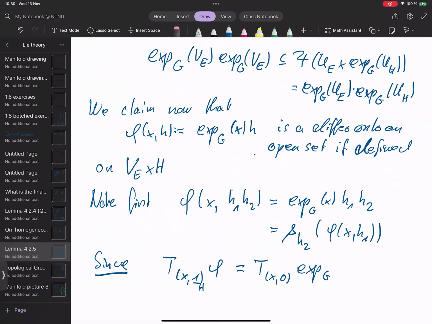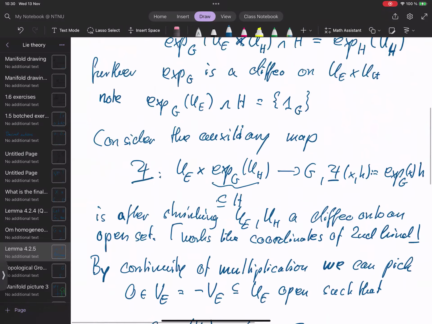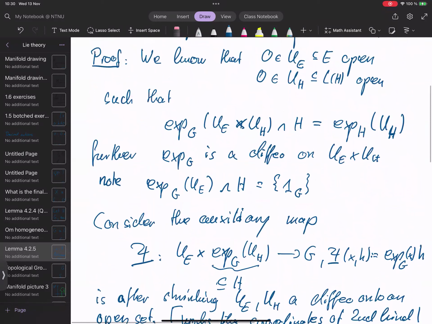But now let's recap a little bit. So the x comes from the open set VE. The open set VE is contained in UE, and we have basically constructed the UE in such a way that exp_G is a diffeomorphism on this Cartesian product. So we are in the first component, we're inside of this one. In the second component, we are now, because we have 0, inside of this set UH.